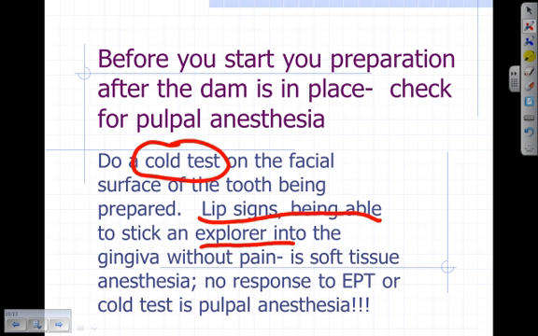They're going to have doubt as to whether they're numb from that point forward, even though you tell them they are numb. In fact, when you talk to some people, you'll have some people tell you that I was told I was numb, and the dentist proceeded and it hurt like heck. So make sure the patient's numb before you start your tooth preparation.